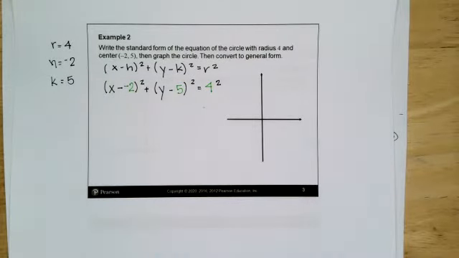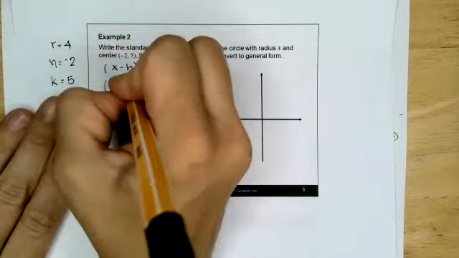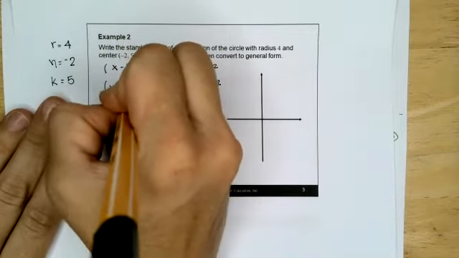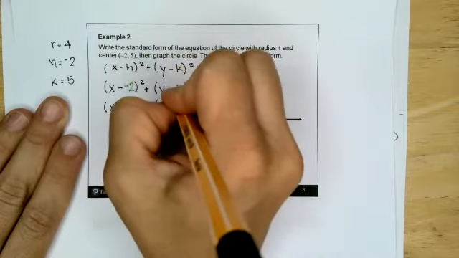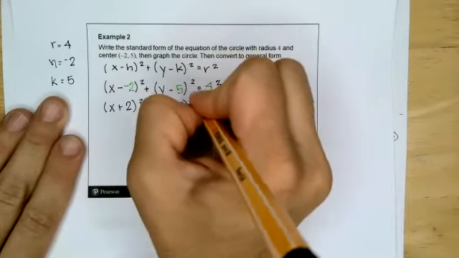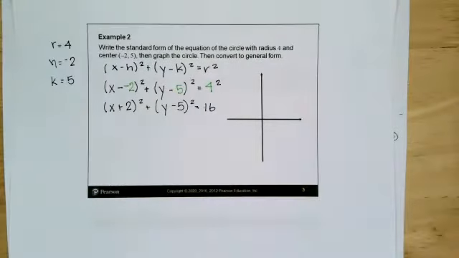Good. If I wrote that again, I could get rid of the minus and negative and say x plus 2 squared and y minus 5 squared equals 16. That is the standard form of the equation.